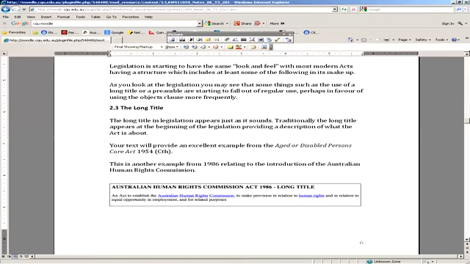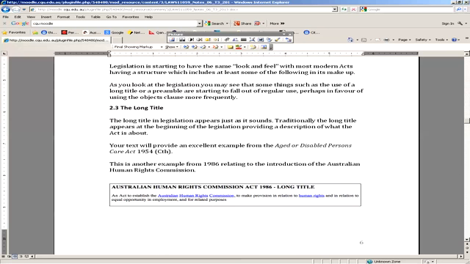So the long title, and they call it a long title, but all it is is a bit of an articulation as to what the Act is about. Often, it's not a preamble. It's not, this is what we're hoping to achieve. It's, this is what this Act is about.